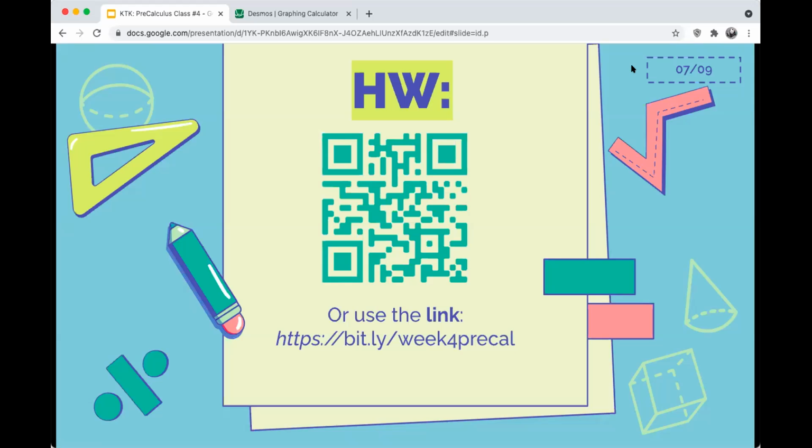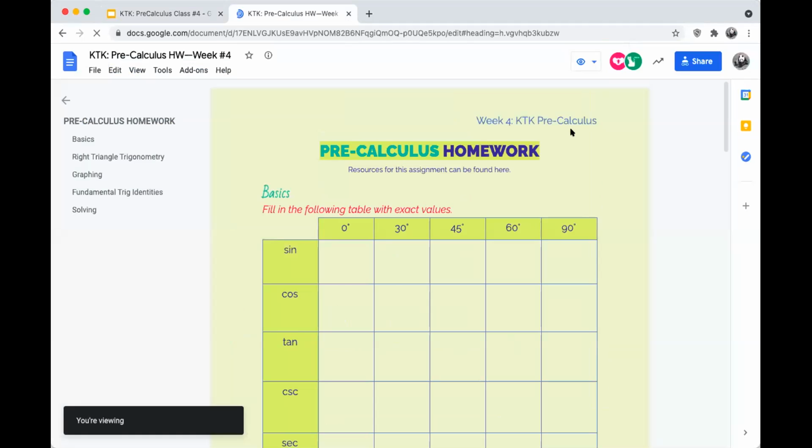And this homework, even though it's not necessarily going to be due and we won't necessarily be going over it, it's very, very useful. It's got all the skills you need to know. It's just generally a really good practice worksheet for pre-calculus. So here you go. Let me share.